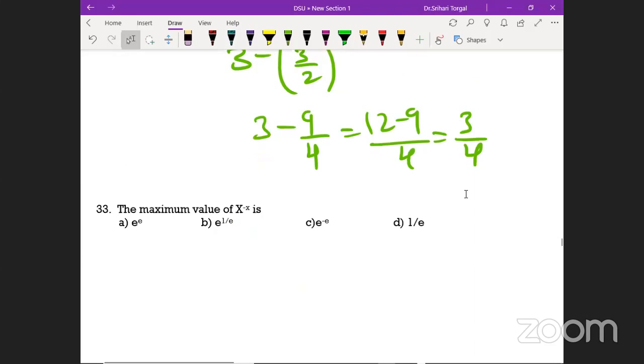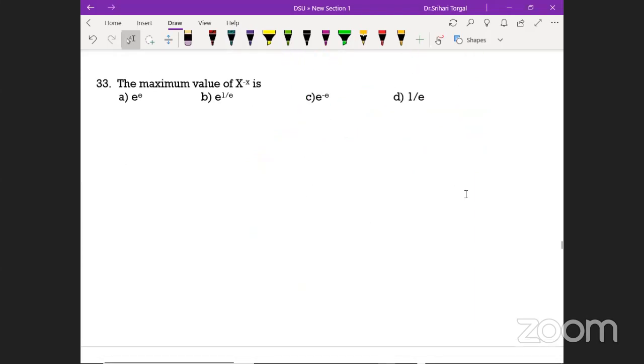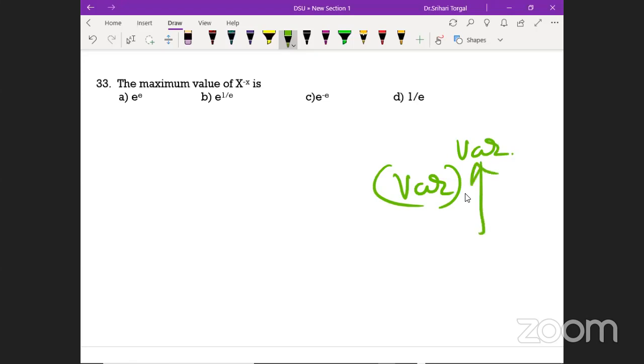Now I'll tell you one more shortcut for you. Whenever you have variable power variable, you have to concentrate on the power. Listen properly. You have to concentrate on the power.